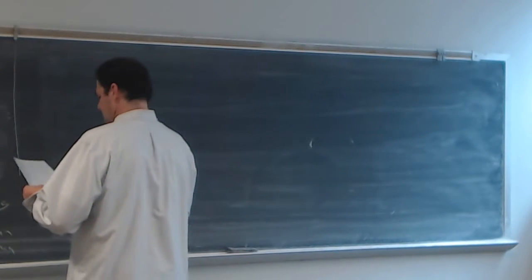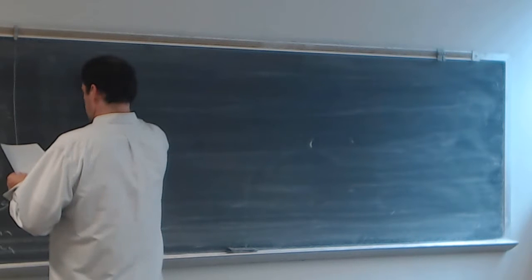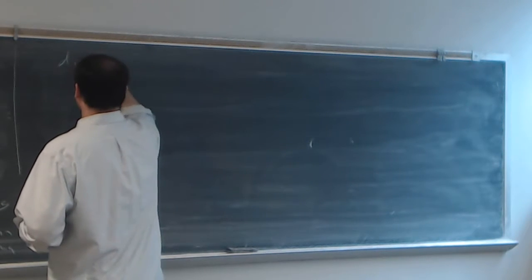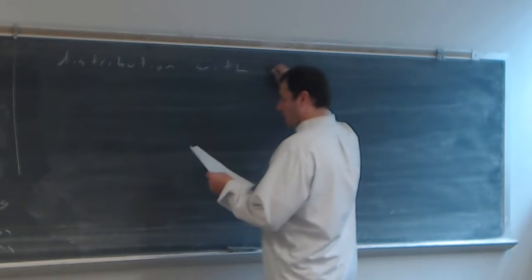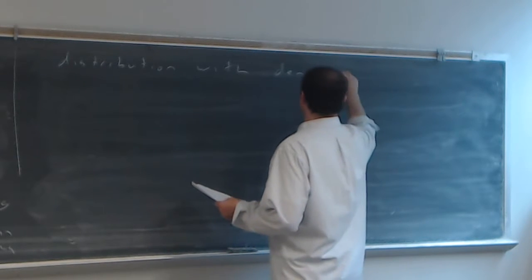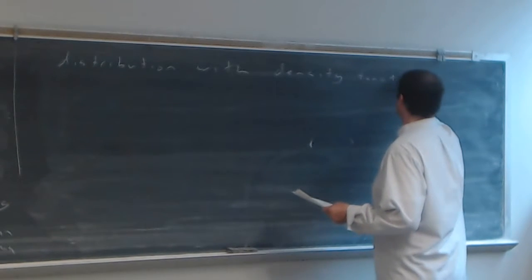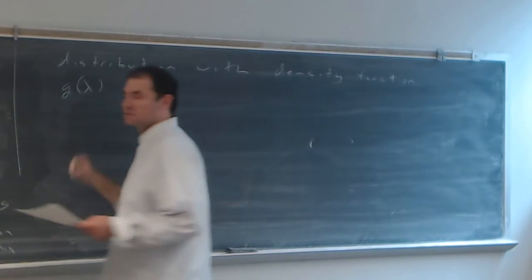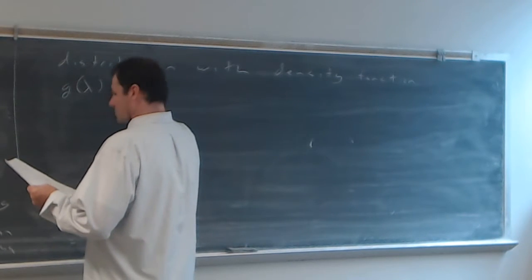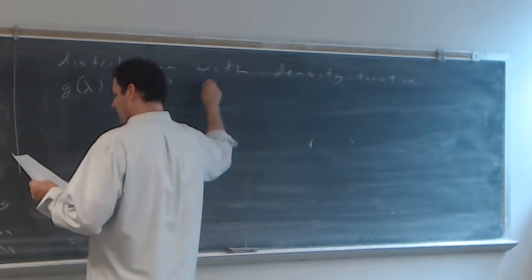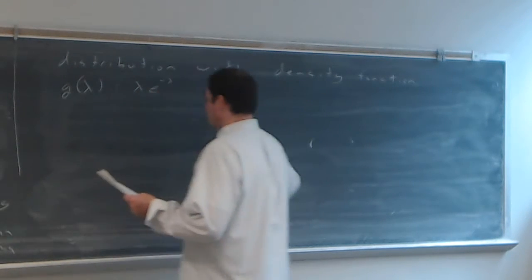Gamma is a continuous random variable now, with density function g of lambda, a density function for the variable lambda. It's equal to lambda e to the minus lambda, where of course lambda has to be greater than 0.